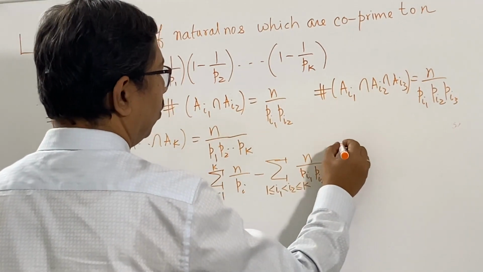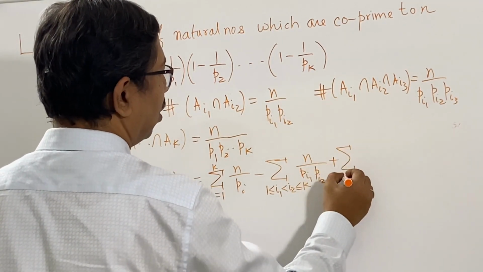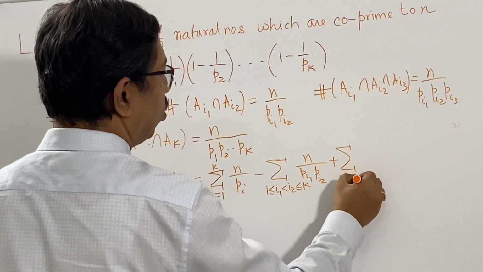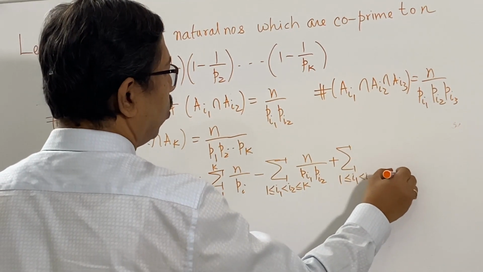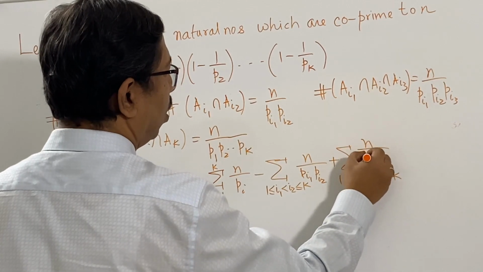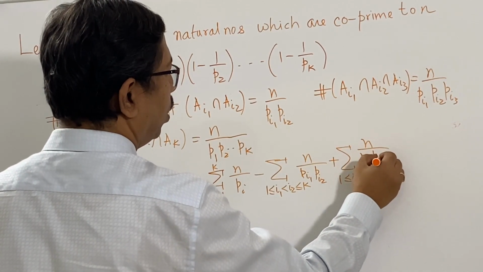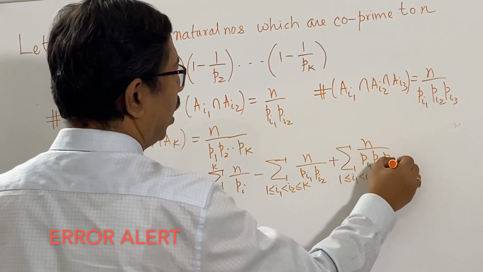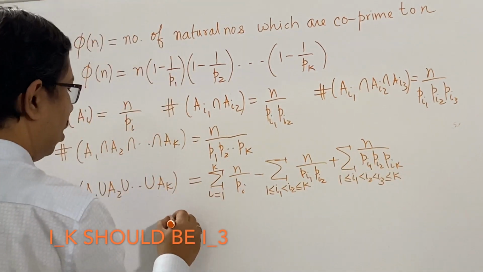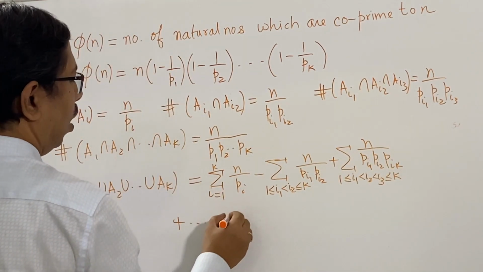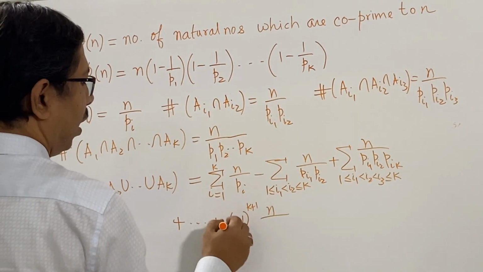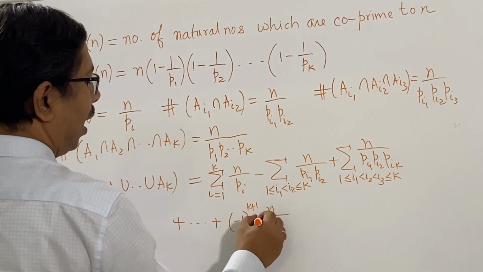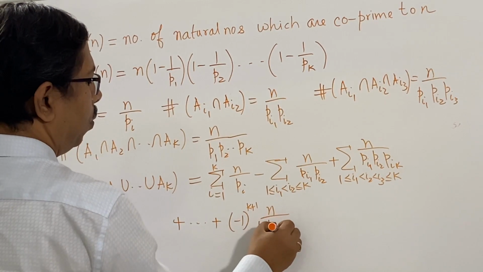The third term is the sum over i1 less than i2 less than i3 of n by pi1 into pi2 into pi3, and this continues, and the last term is minus 1 to the power k plus 1 into n by p1 p2 up to pk.